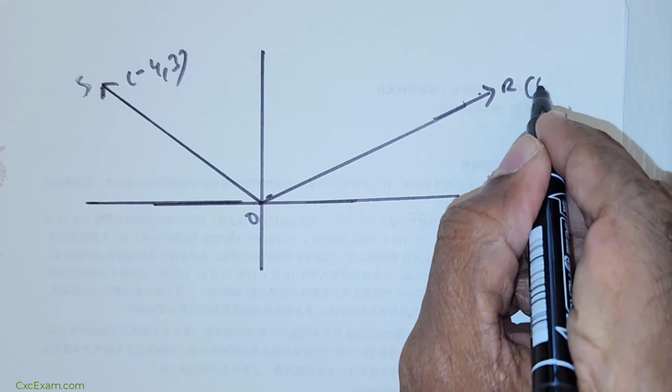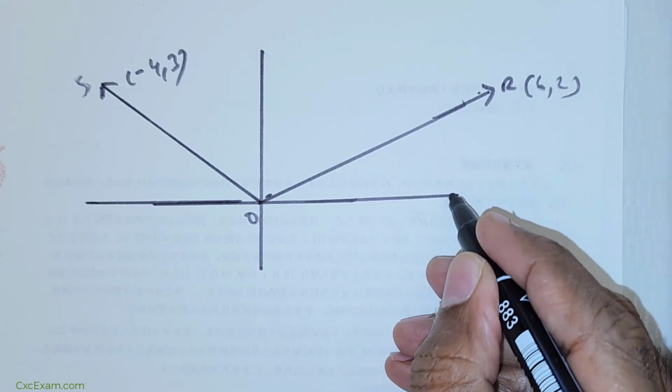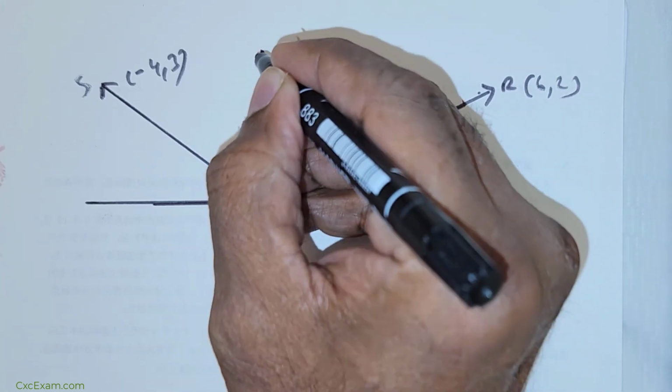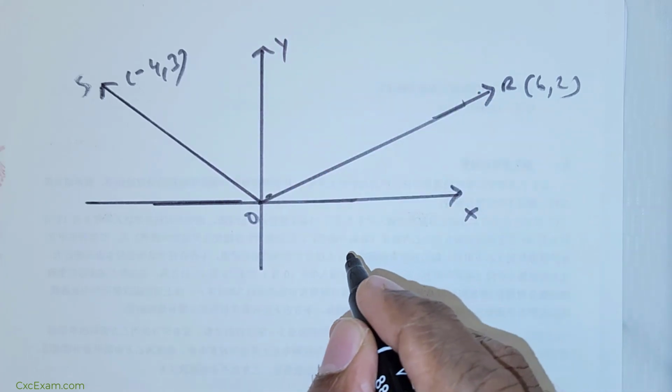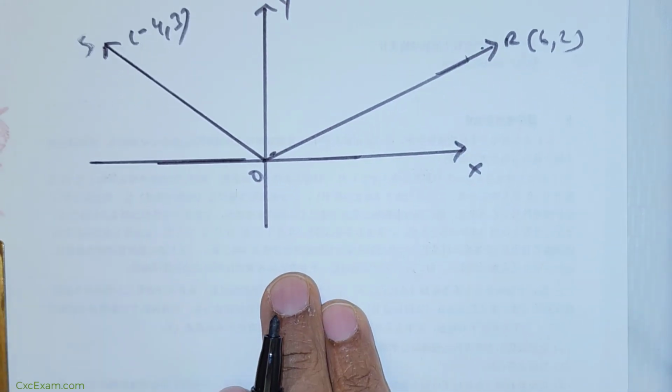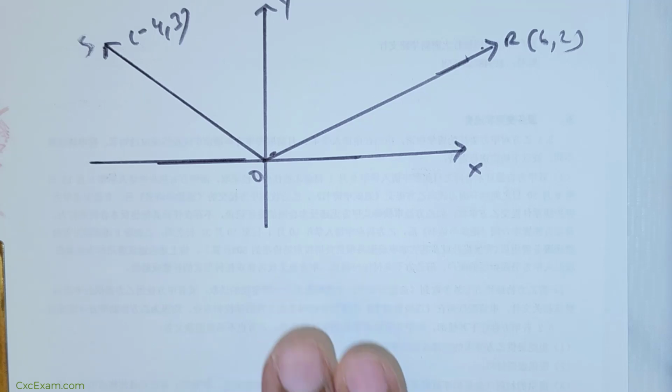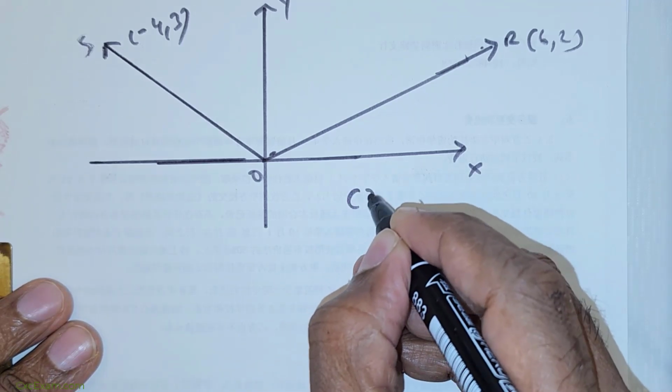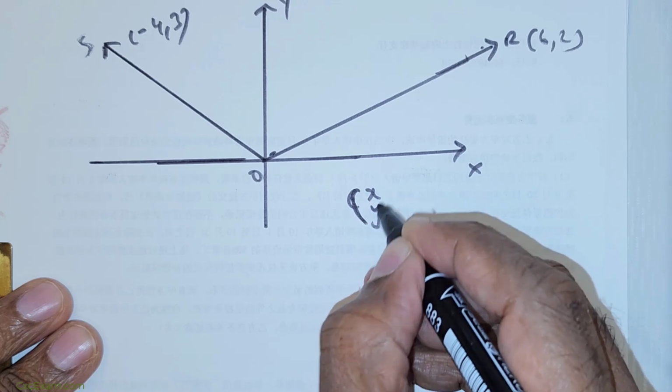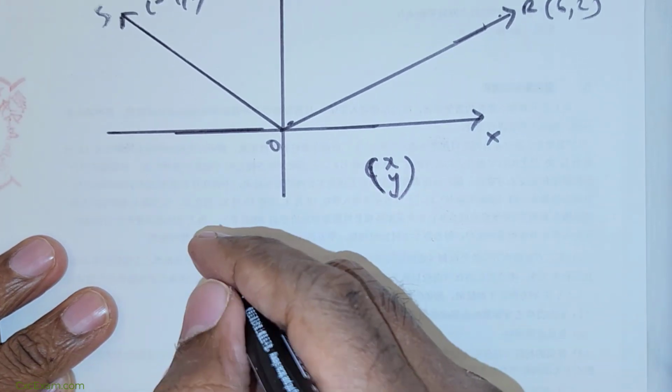This is R (6, 2). So this is the x-axis, y-axis. Now write as column vector in the form of x and y. So we have to write the components in column vector.